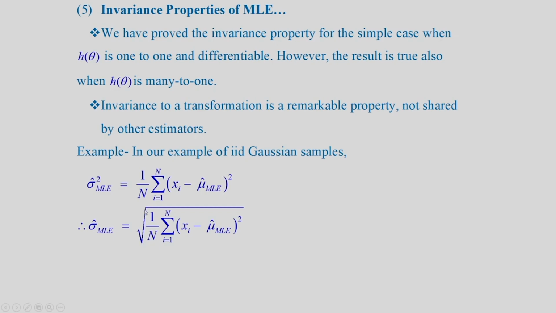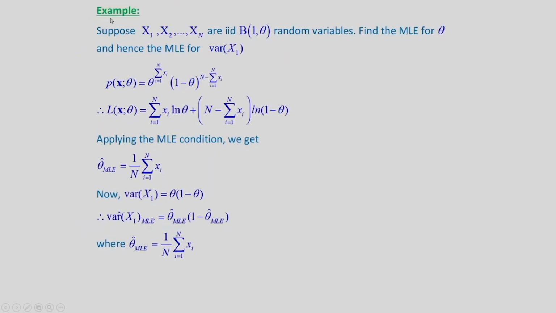Therefore, this will be the square root of 1 by n summation i going from 1 to n of (xi minus mu hat MLE) whole square. So, this is the MLE for standard deviation. Once we know the MLE for variance, we can find the MLE for standard deviation using the invariance property.